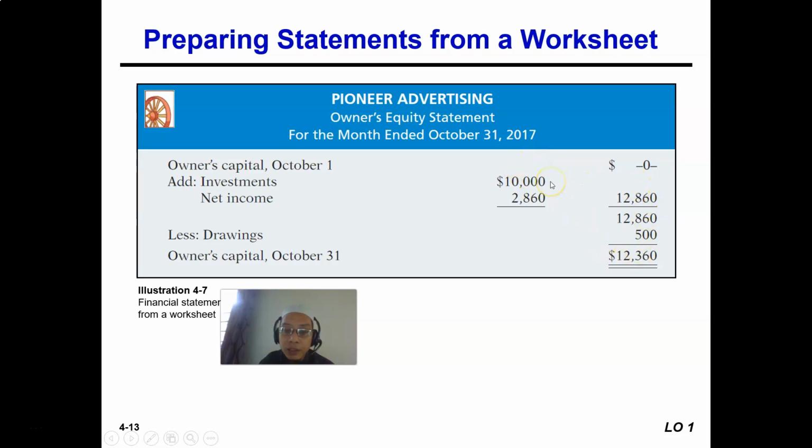If it's a drawing, it is a debit account, therefore it is a reduction in the owner's capital. So net income we add to the owner's capital, but drawings we minus from the owner's capital. Why is it that way?